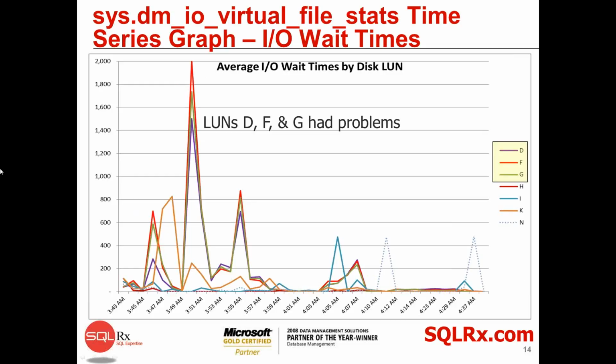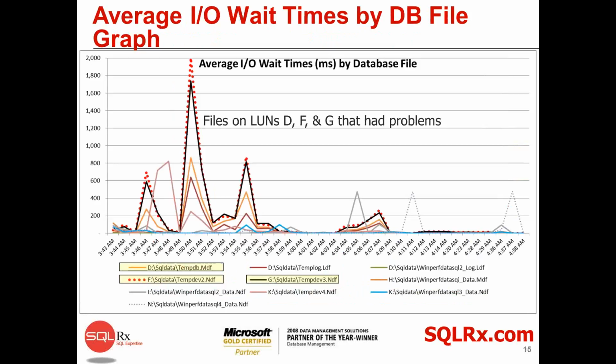So this one was by LUN. This one was the same graph, only it's by database file. So which of these database files were actually getting hit? And you can see clearly the big red dotted line is a tempdb file. You can see the solid black line is another tempdb file. And you can see that all the way through, tempdb is creating a lot of the havoc.